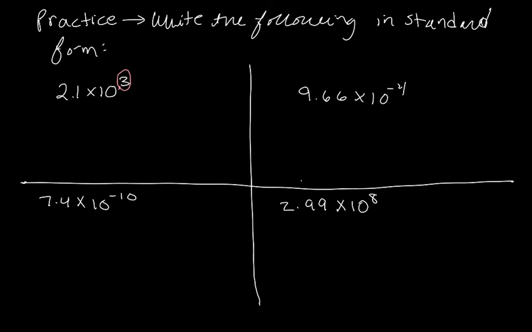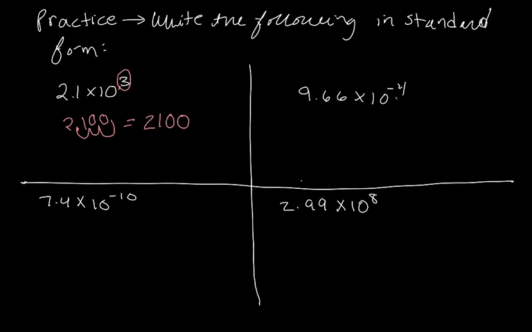And if we want to make a number bigger, we move the decimal place to the right. So we rewrite 2.1, and then we move our decimal place by our n value here, which is 3 times to the right. 1, 2, 3. Now, since we ran out of digits, we fill in the blanks with zeros. So this becomes 2100.